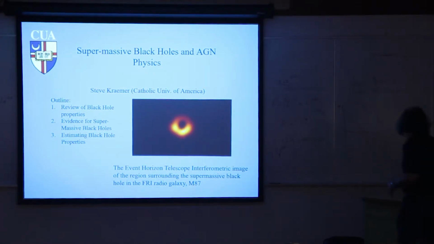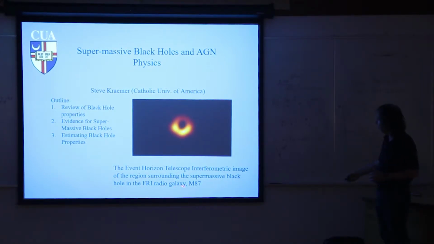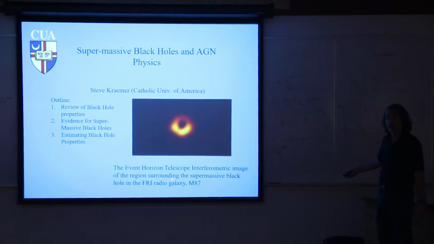This is interesting because this black hole is inside something I showed you yesterday. This is inside an FR1 radio galaxy, M87, which is the one that had a very prominent jet. So whatever makes that jet has to do with the physics of this very small region.